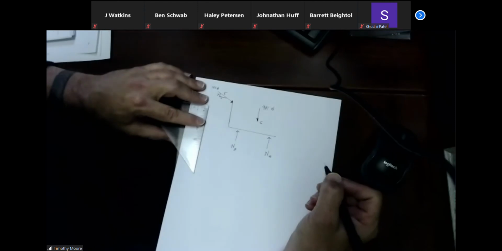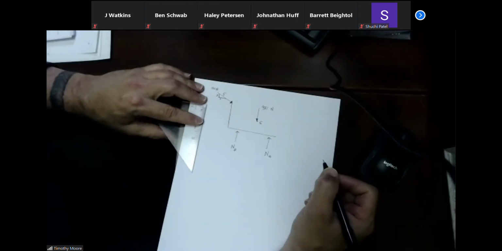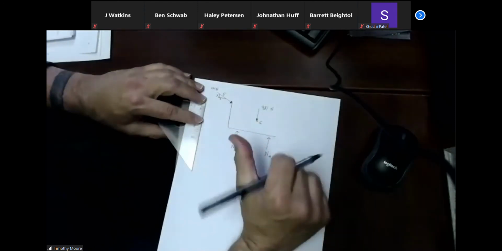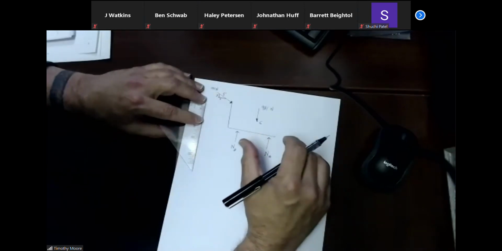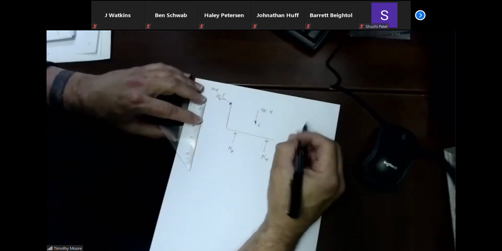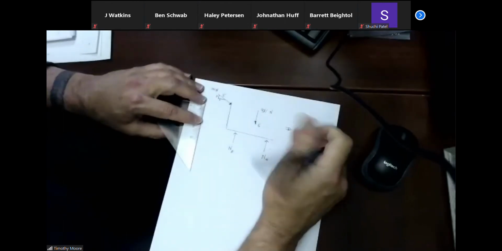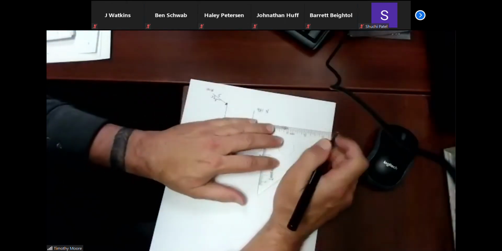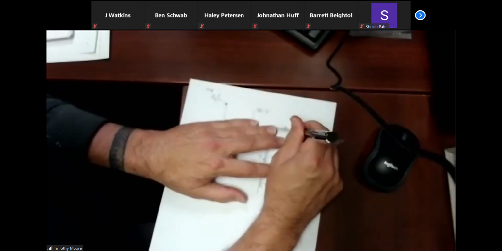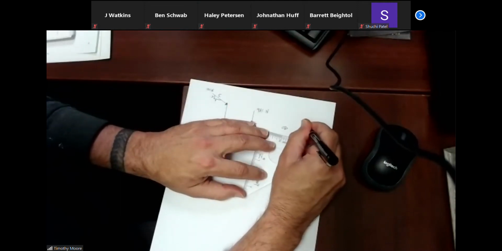I'm not going to take all the time to draw all the dimensions and everything on here, because you have them in your notes. The sum of the forces is equal to the mass times acceleration, and this thing is going to move to the right.